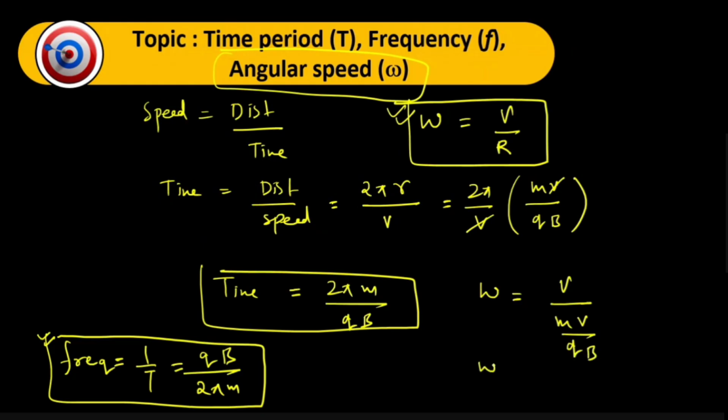So omega, the angular speed with which the charged particle is revolving in the circular path, is going to be qB by m. So these are the three quantities that we want to understand about a charged particle entering a magnetic field perpendicular to it.